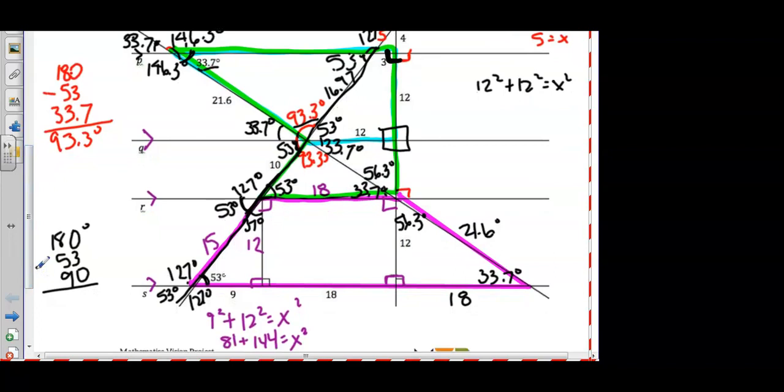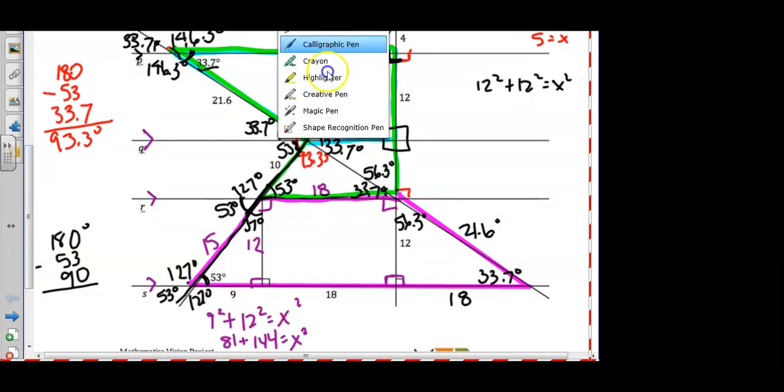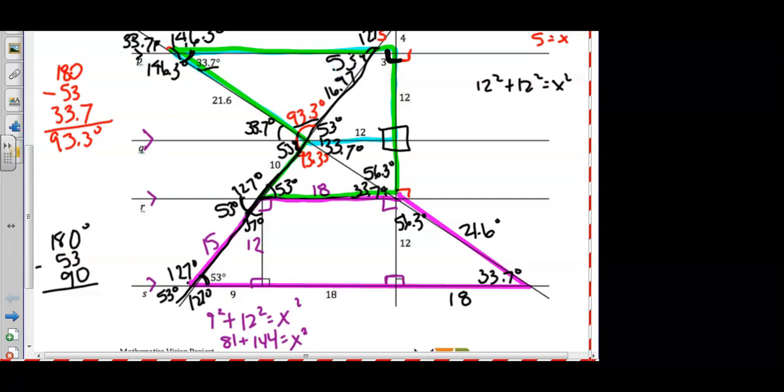Okay, let's find one more so we can see how to come up with our conjecture. Let's see, I'll do yellow this time. So let's do 1, 2, 3, 4, 5. So we're going to add up all of those angles, and that's 93.3 degrees, 53 plus 90, 90, 90, 90, 33.7 degrees.